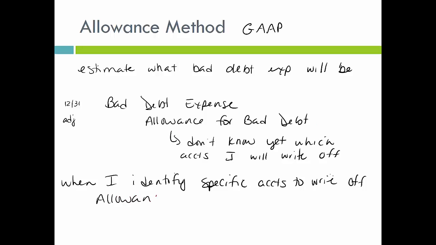So when I identify specific accounts, I will debit allowance for bad debt. We used to always call it doubtful accounts. And then I will credit accounts receivable, whoever it is. So the first one is the adjusting entry, and this is when I identify specific accounts.